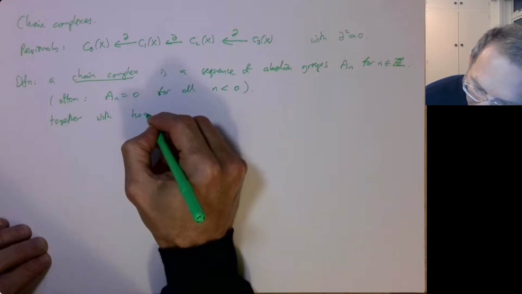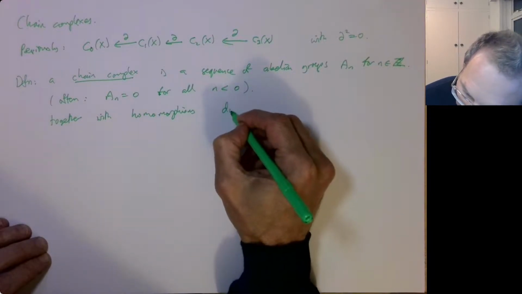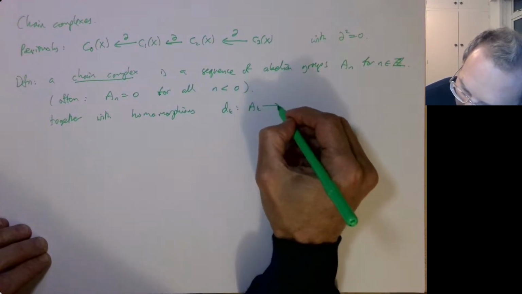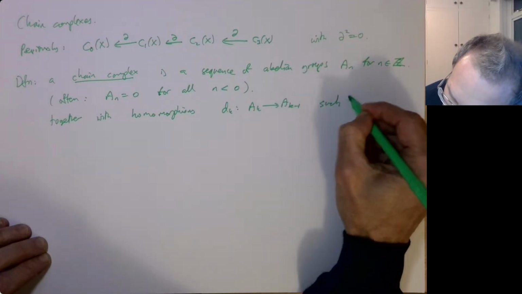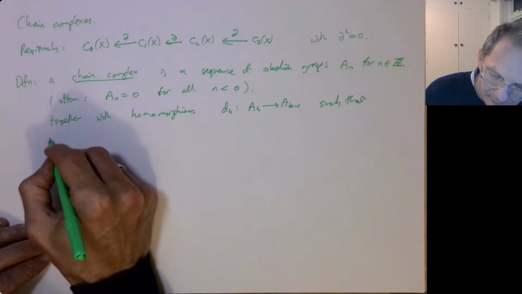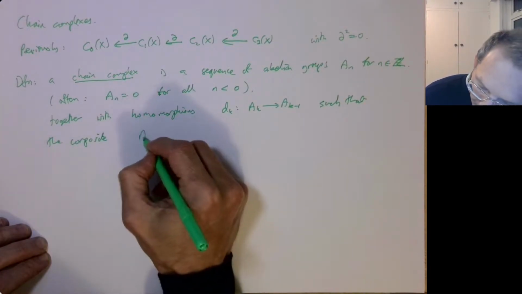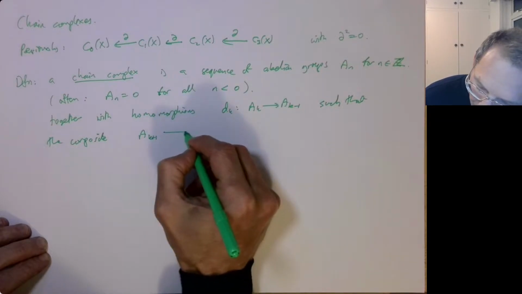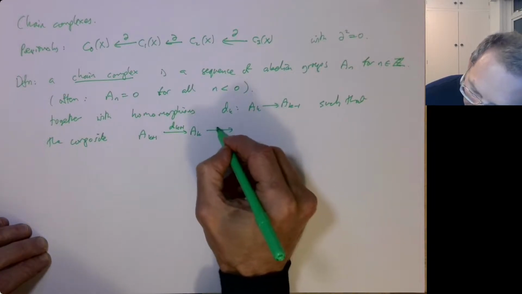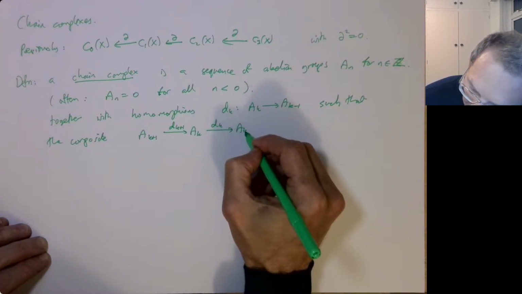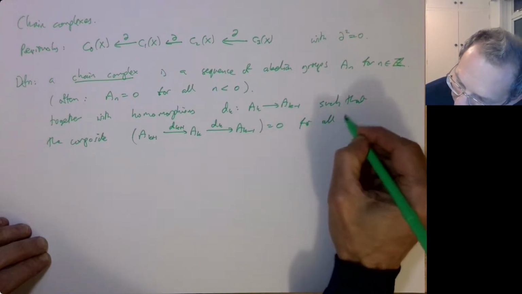Together with homomorphisms d_k from A_k to A_{k-1}, and the composite, if you do A_{k+1} and then d_{k+1} to A_k, and then d_k down to A_{k-1}, is 0 for all k.